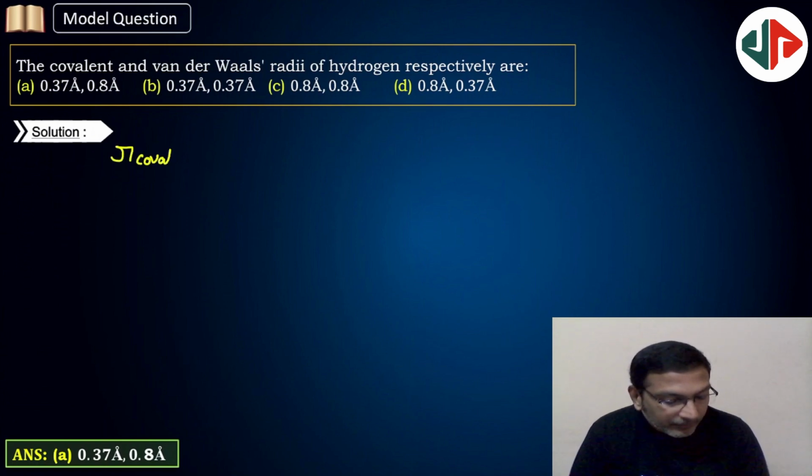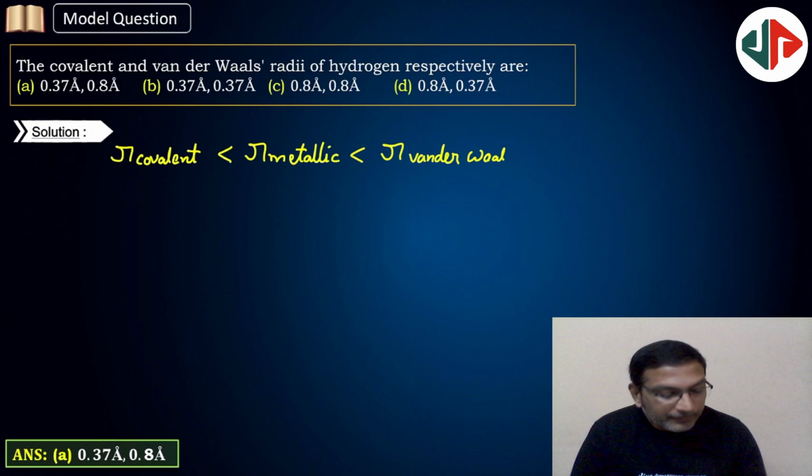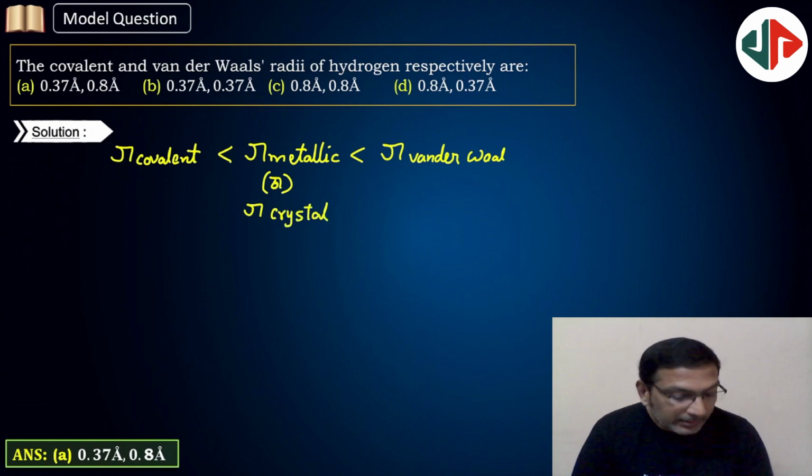Radius of covalent, metallic, and van der Waals. This will be the order. Metallic radius is also known as crystal radius.